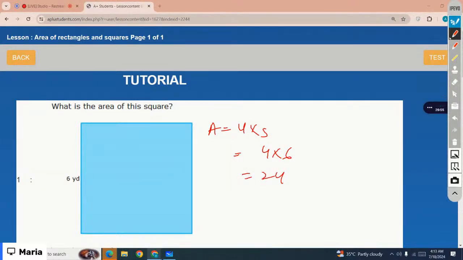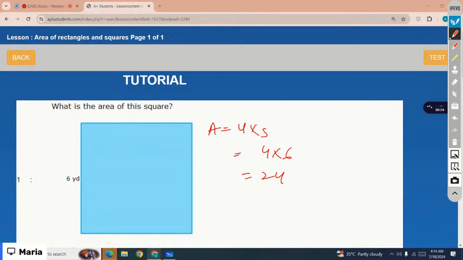So the correct one is 24 yards square, right? The correct option is 24, right?